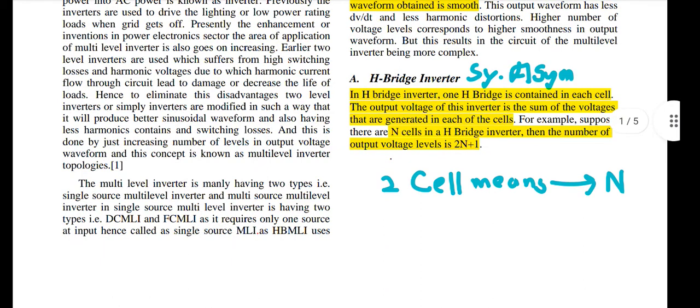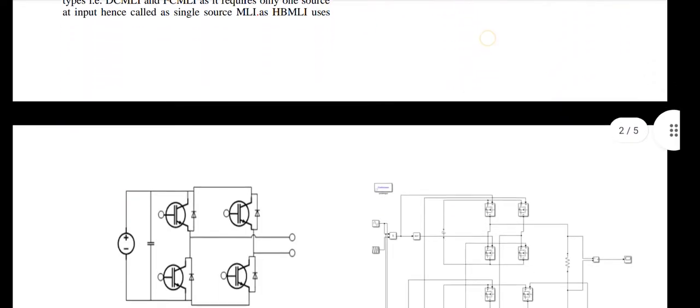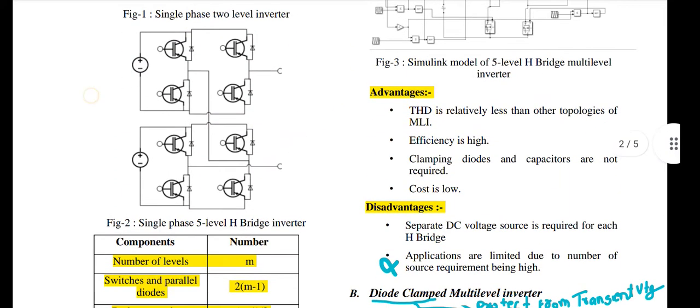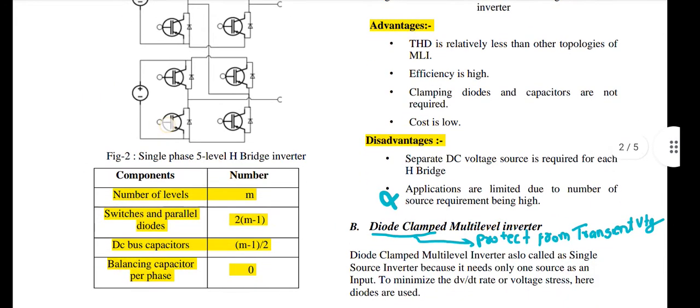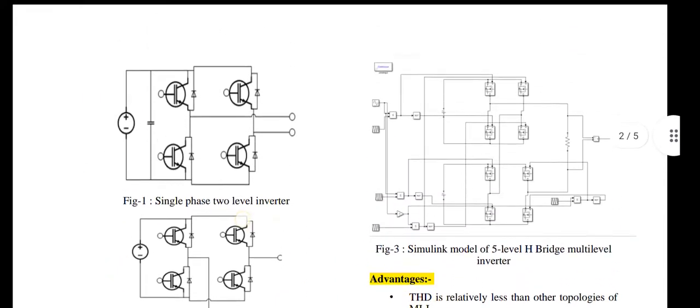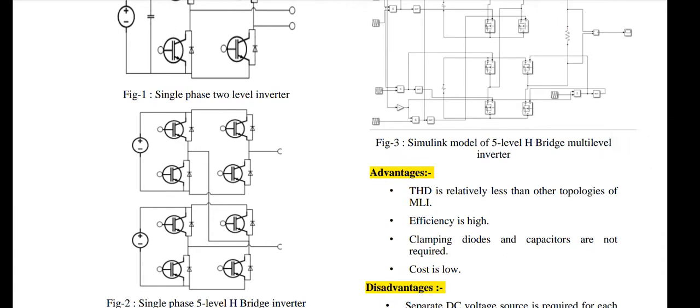Now let's go to the first type of multi-level inverter, that is the H bridge multi-level inverter. The H bridge multi-level inverter belongs to the multi-source multi-level inverter family, meaning we have multiple sources at the input. Based on this, the H bridge multi-level inverter is classified into two types.